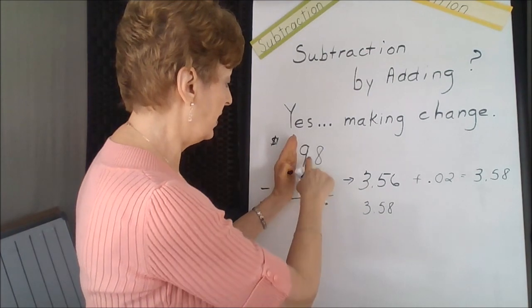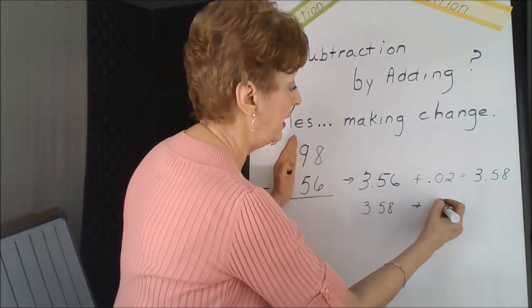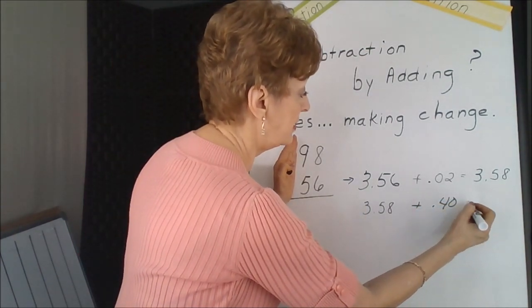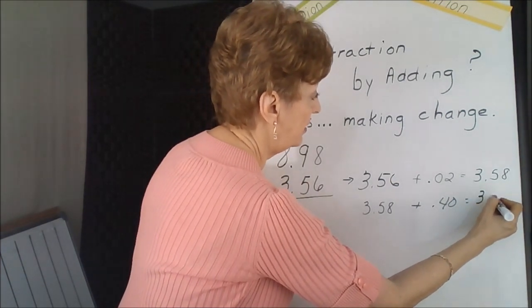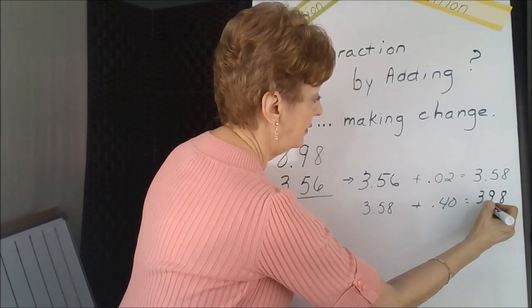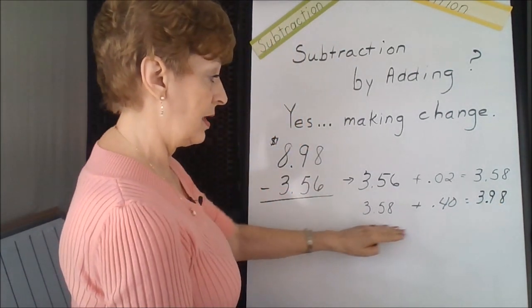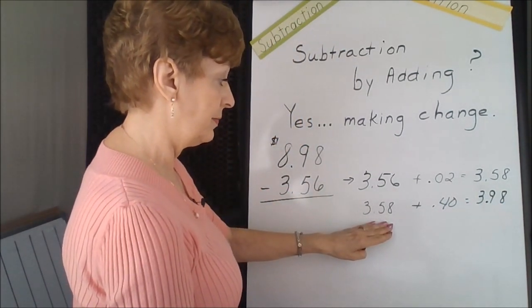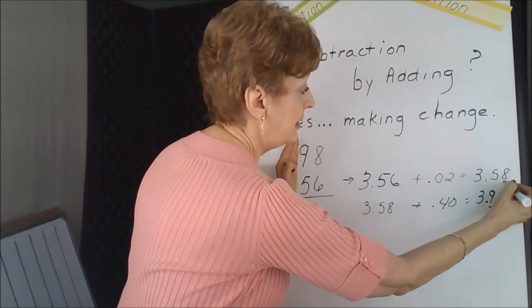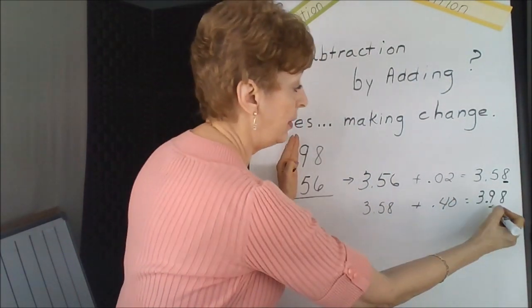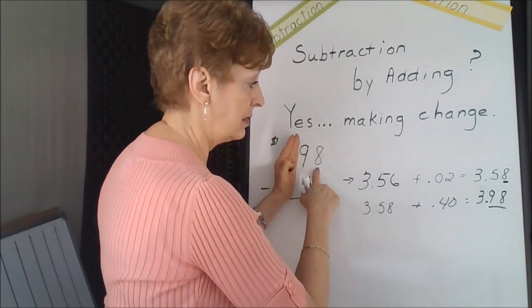So how do I do 50 into 90? I would have to add another 40 cents to that to make this $3.98. Okay, I added 40 cents to this. Now the 98 part, here we had the 8 neutralized. Here we have the 98 neutralized.